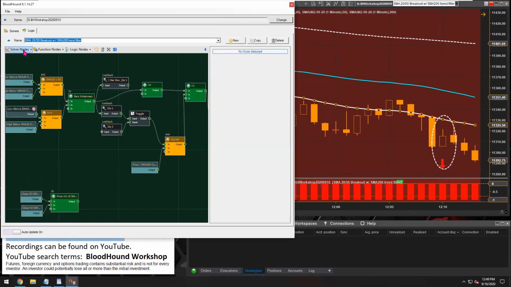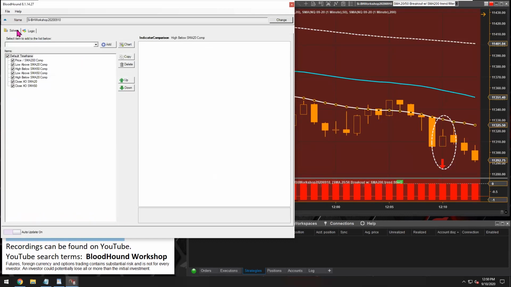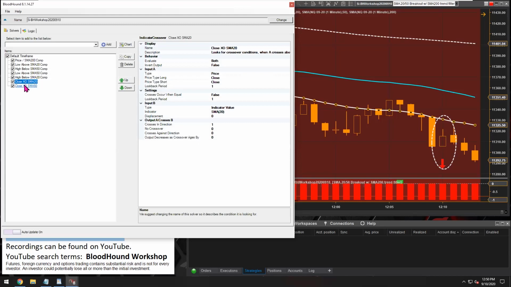So, all right. I'm going to go to the Solvers tab and take a little shortcut here, right? I already have two crossover solvers, so I will need a second set of crossover solvers here. I'm going to need one set that's going to look at the low price of the bar.